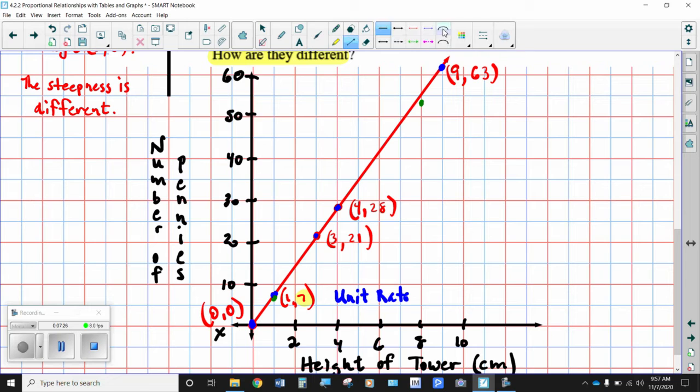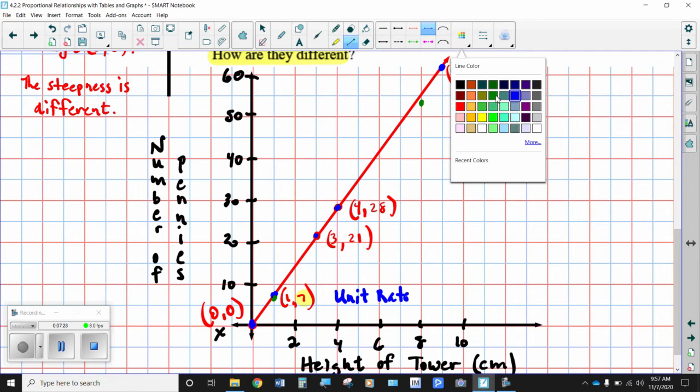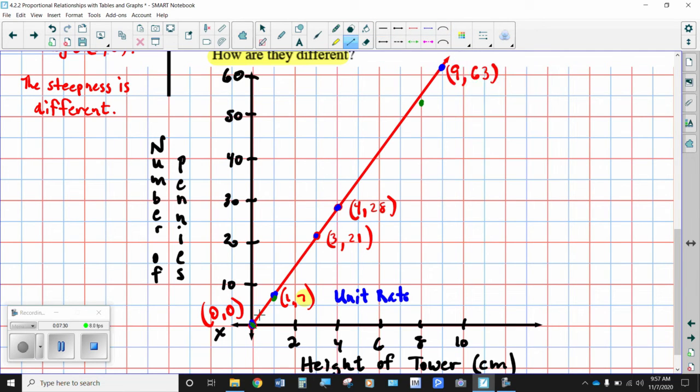So if we took and graphed that line, let's do this in green, this line would have looked just a little, not much, a little bit less steep than the red line, which represents the million penny tower, or the number of pennies per centimeter on the tower. So something to think about. Proportional relationships, depending on what their unit rate is, will have a different steepness to their line.